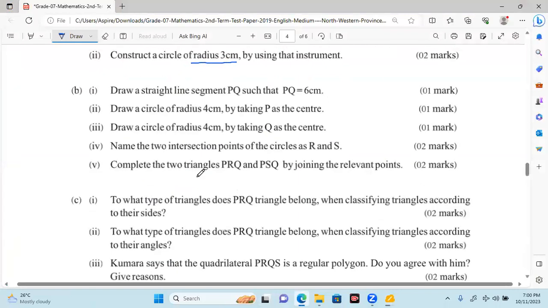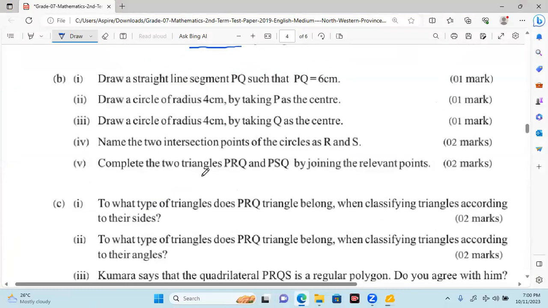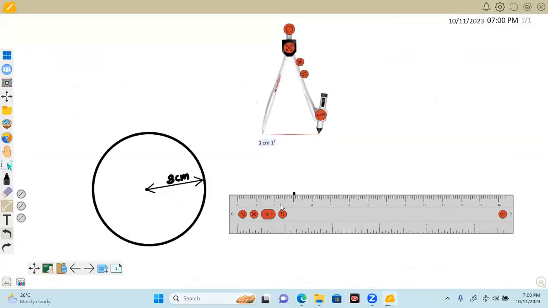In the second part, part B, it says draw a straight line segment PQ such that PQ equals 6 centimeters. Draw a straight line PQ of 6 centimeters.